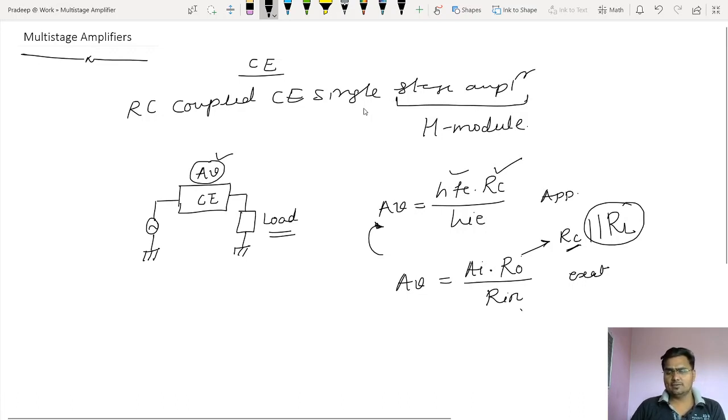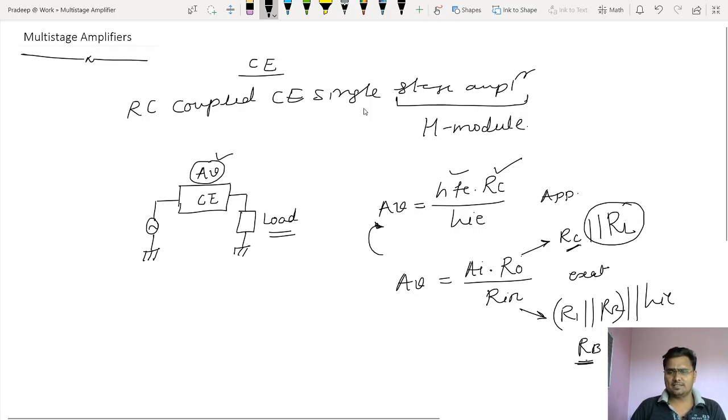Then what is Rin? Rin is R1 in parallel with R2 in parallel with HIE. This combination R1 parallel R2 is generally called RB. So RB in parallel with HIE. In the approximate case, the value of RB is greater than the value of HIE.